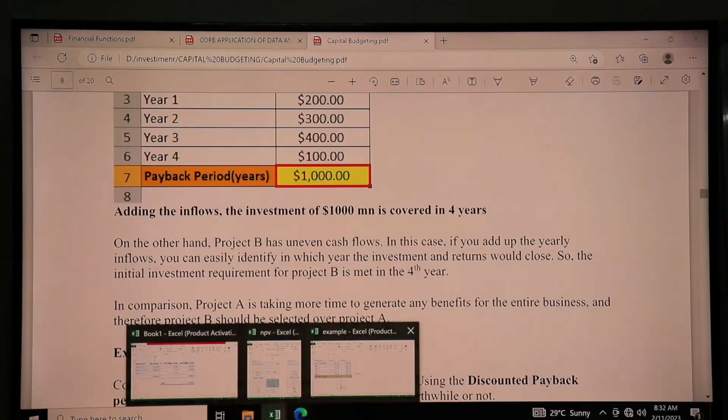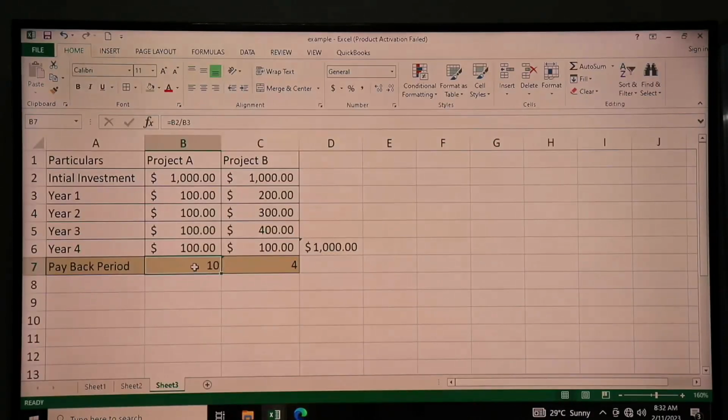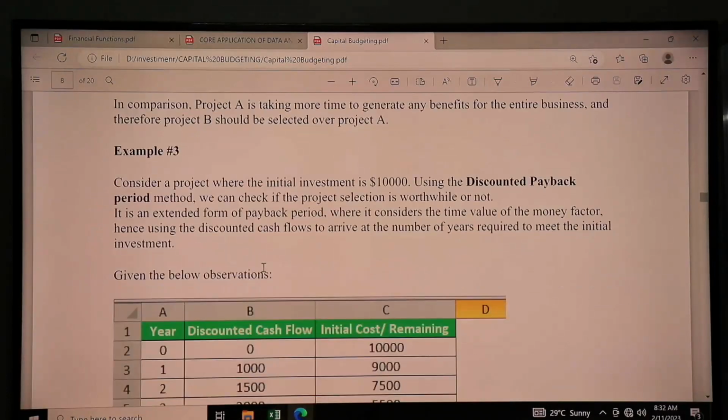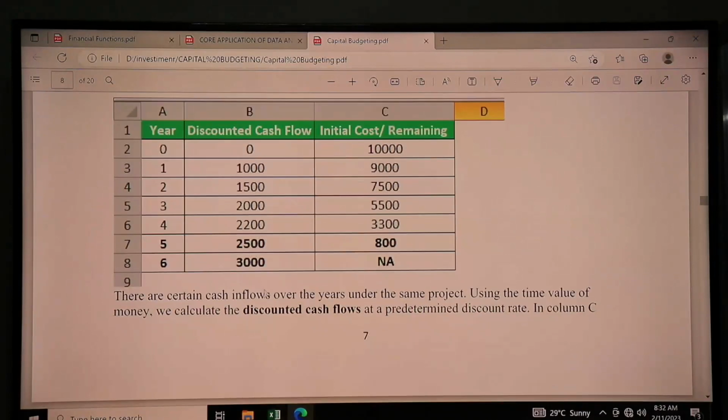When calculating this, we say equal to the initial investment divided by the constant payment. It will give you the number of years it will take to pay back this project. So that is another way of evaluating whether the project is worth it or not.